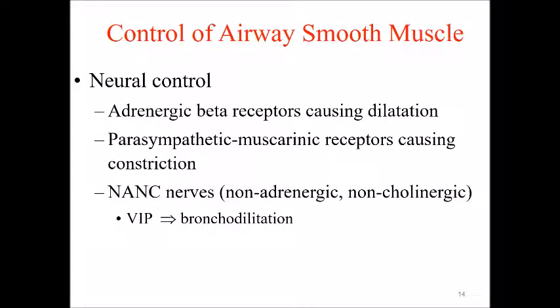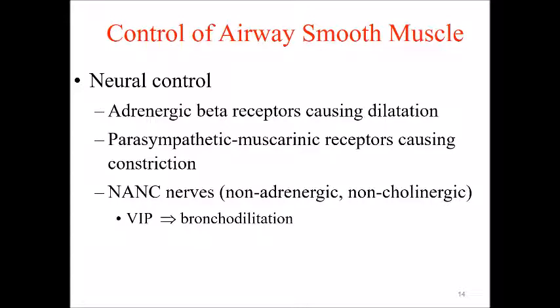Now let us discuss control of airway smooth muscle. Airway smooth muscles are controlled by the autonomic nervous system. Adrenergic beta receptors cause dilatation and muscarinic parasympathetic receptors cause constriction.